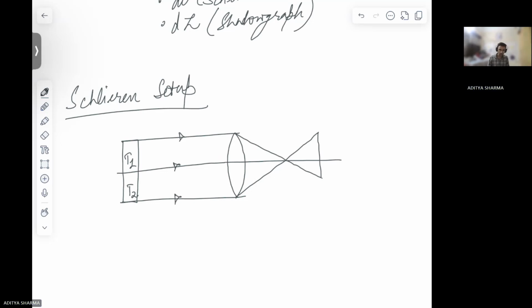Okay. This is knife edge. These are light rays, right? Then this is screen.